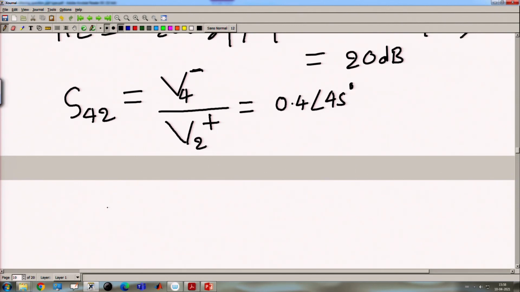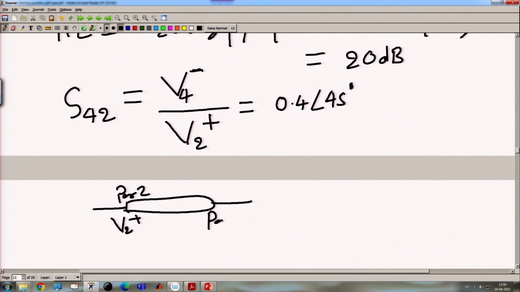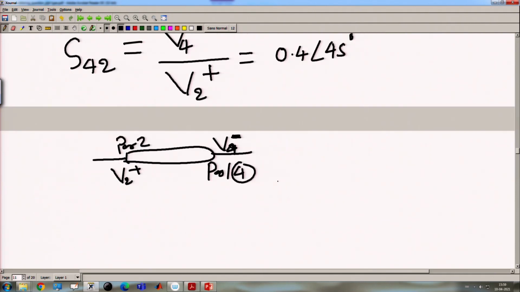It is entering at port 2, that is V2 plus, and going into the network, and then it is V4 minus, going outside from port 4. So, that is insertion loss.